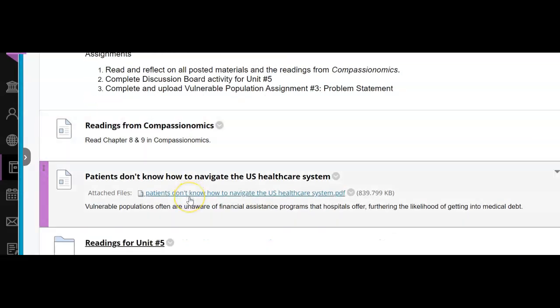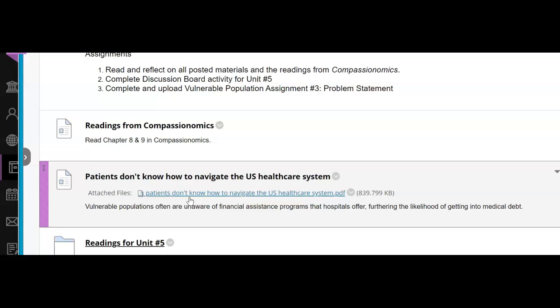There's a relatively new article that came out that I think is really beneficial when we talk about paying for health care. We're not getting into medical debt because there's just not time to get into that, but that's a significant issue in our country, the numbers of people that are going into medical debt and the amount of medical debt that many have.